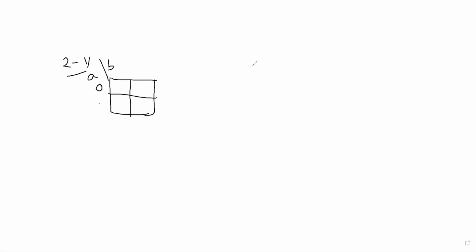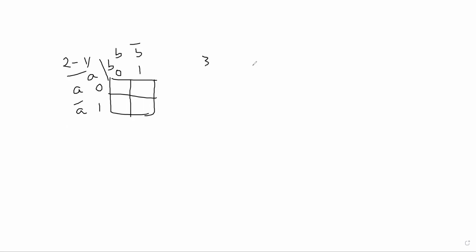It is 0, 1, 0, 1. Is it clear? Now if you observe an important point here, it is now A, it will be A bar. It is B, it will be B bar.